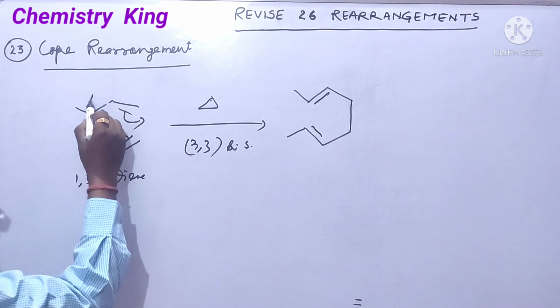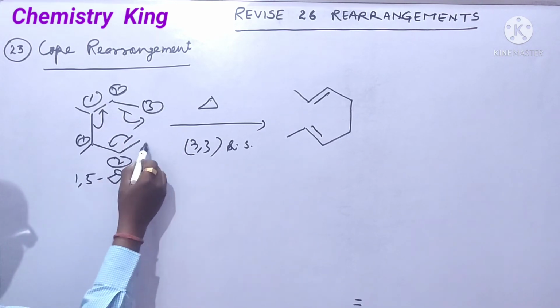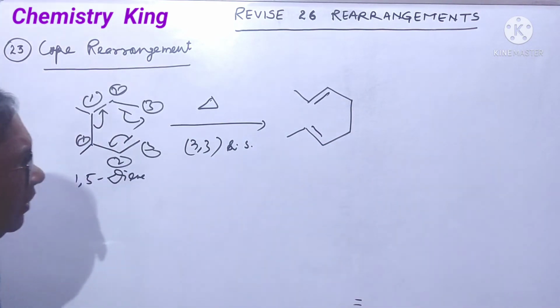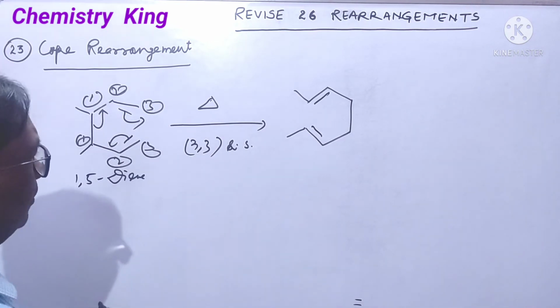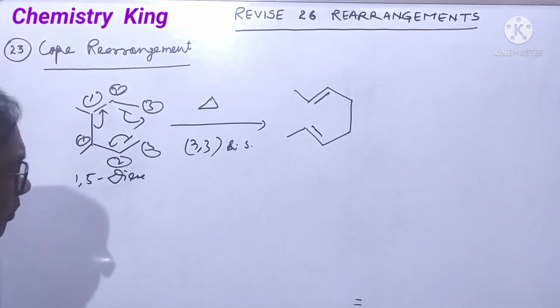It is 1, 2, 3 position and 1, 2, 3 position. The 3,3 positions get attached in this fashion, so it is called a 3,3 sigmatropic shift. So I have said a 1,5-diene on thermal isomerization gives this, and it is called Cope rearrangement.